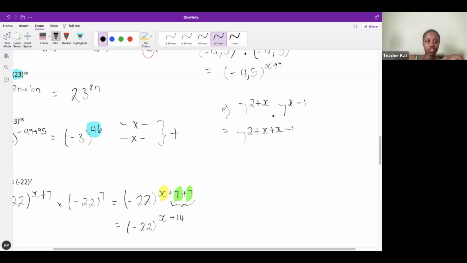Do we have like terms here? Yes, what are my like terms? Okay, x and x as well as what? Two and negative 1. That is a very dark color, but I'm hoping you guys can see still.